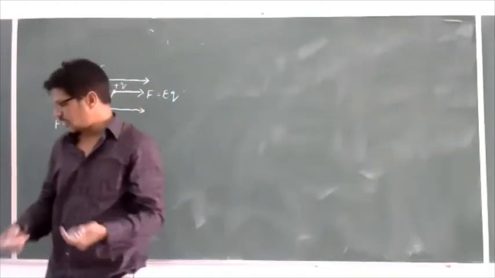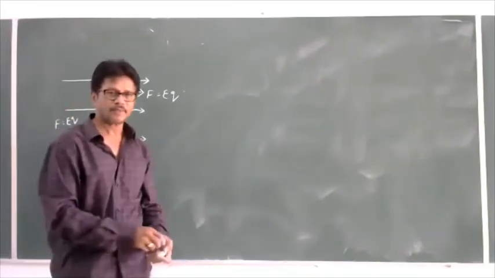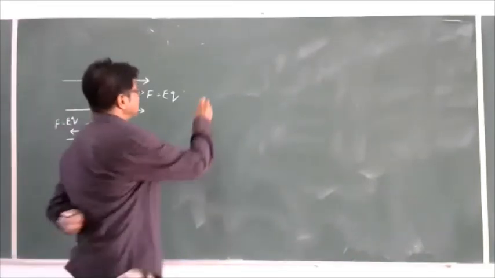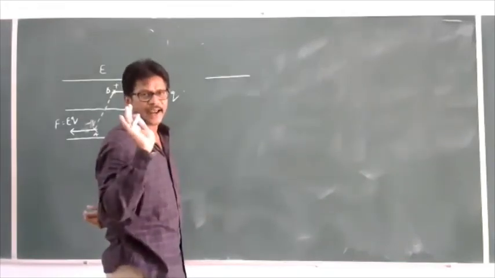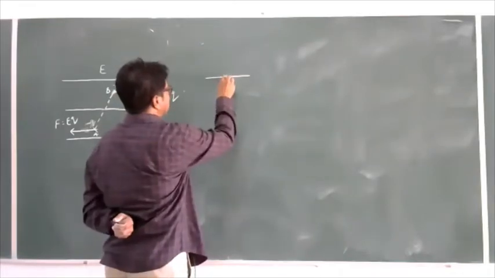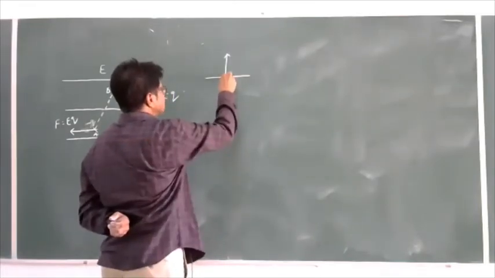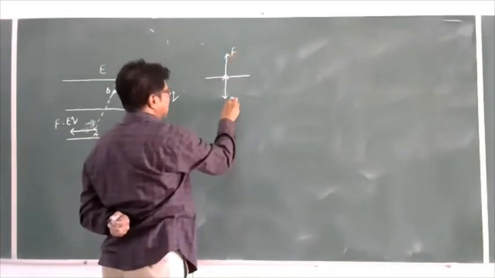What is the difference between acting on a plane and acting at a point? For example, two equal and unlike forces acting at a point means at the same point.